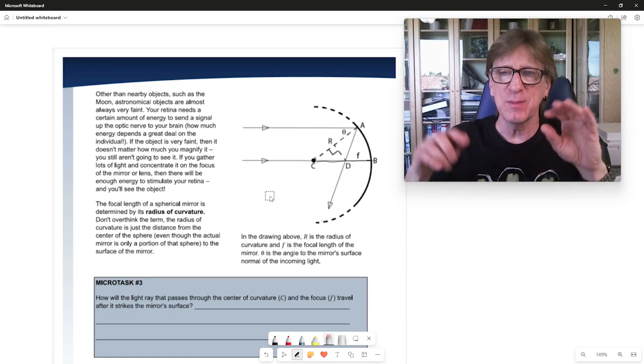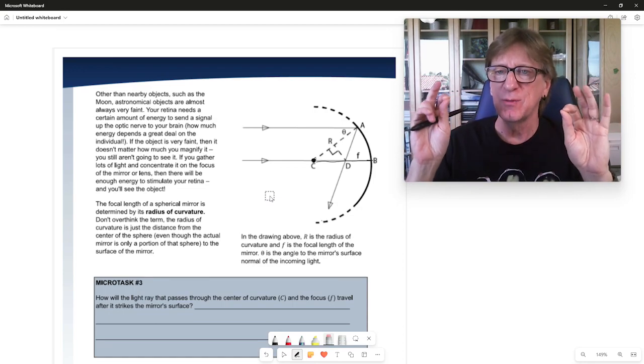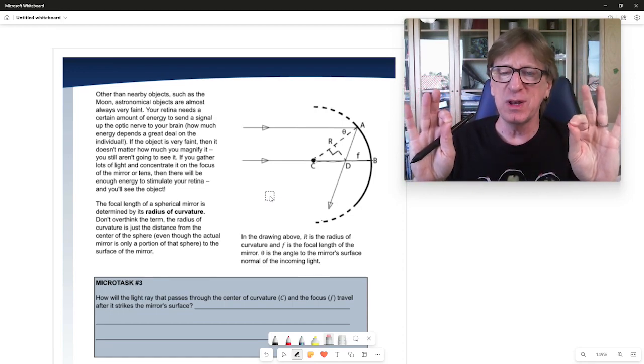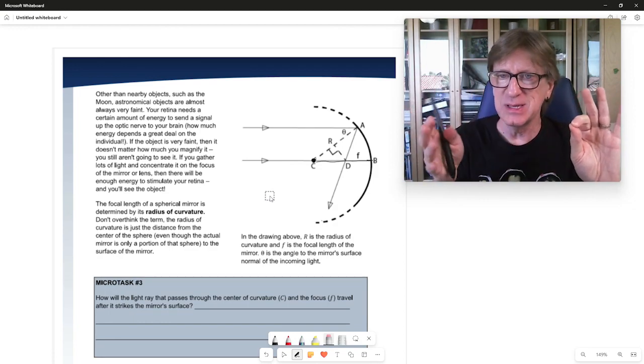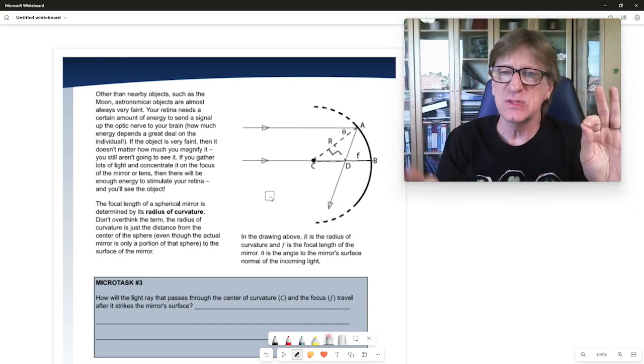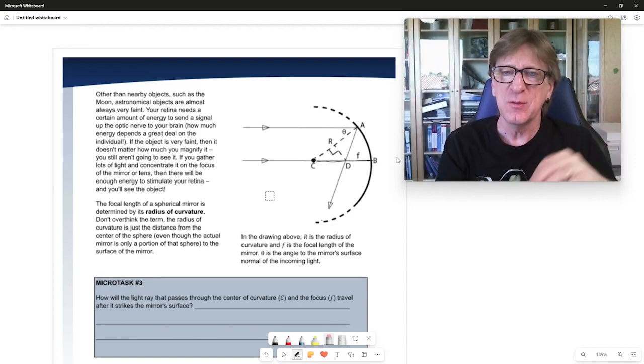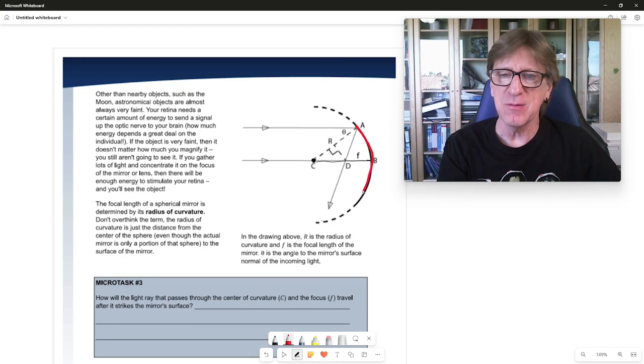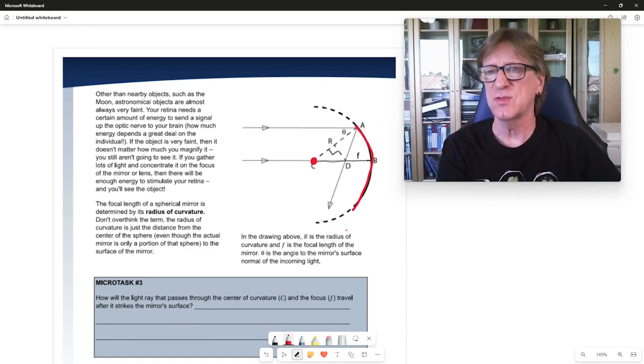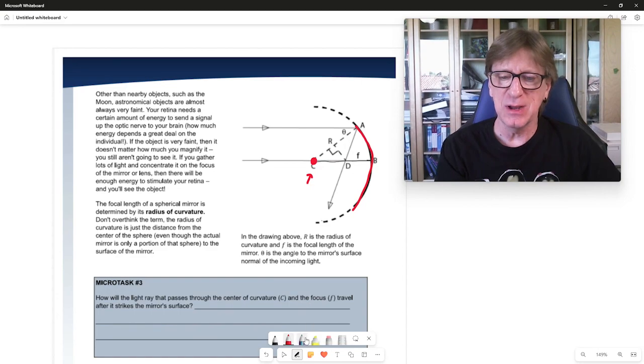One way I like to think about that is, imagine I've got a string with a fixed length, and I put one end at the center of this, where this lens is, and then I swing the string around, and it's going to paint right along this. That point where I have to hold the string so that the other end stays exactly on the surface of that little piece of the sphere, that is called my center of curvature. And that's what we use C for right here.